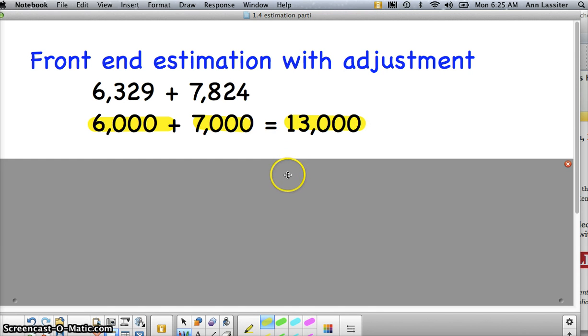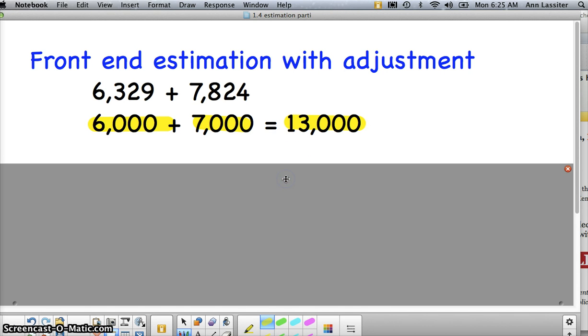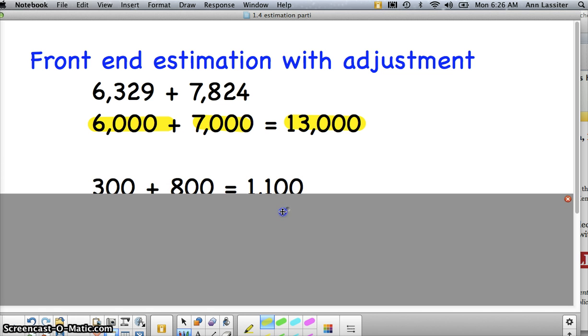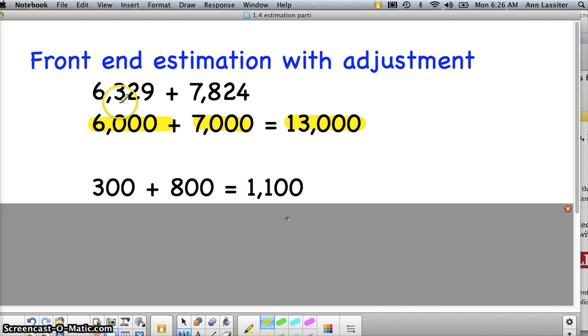We take the front end, so we have the 6,000 plus 7,000 for a starting estimate of 13,000. Now the adjustment part is we are going to look one space to the right of the thousands, which is the 100. So we are going to take the 3, so we have 300, take the 8, and its value is 800. When you add 300 plus 800, you get 1,100.